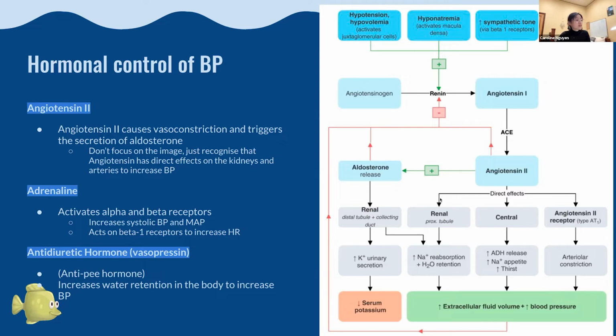Two other hormones that increase blood pressure are adrenaline, as it activates alpha and beta receptors, as well as ADH. This is the antidiuretic hormone, so against peeing hormone, also known as vasopressin. When the body isn't peeing, the water is retained in the body, and then the water increases the blood pressure.